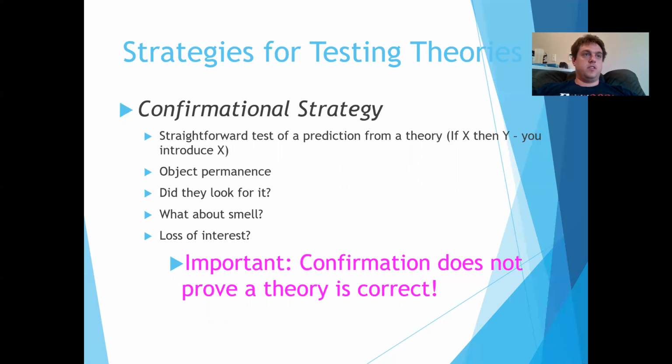So if this theory is correct, then introducing this manipulation should result in Y. Okay.